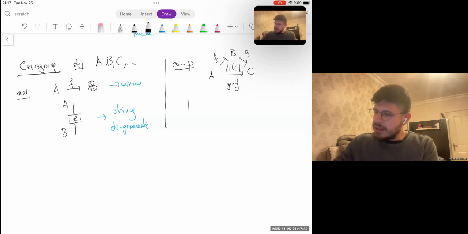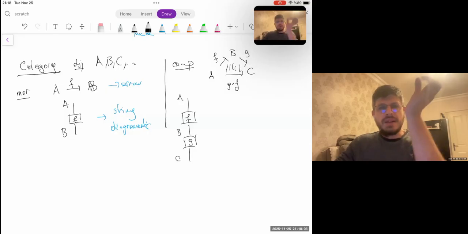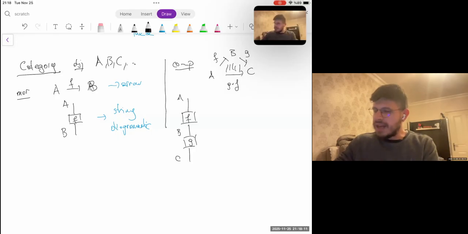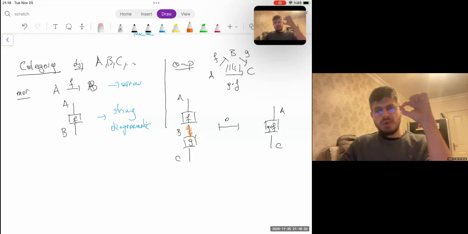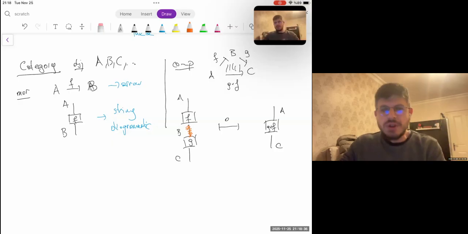String diagrammatically, we do this: we have f and g composable, meaning they can be concatenated like this. Then we apply the composition operation and we get a new operation, g composed with f, A to C. We crush this middle part that I depicted in red, we squash it, and we get this composite operation.